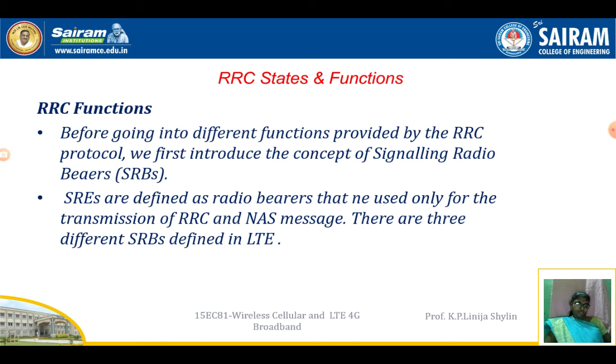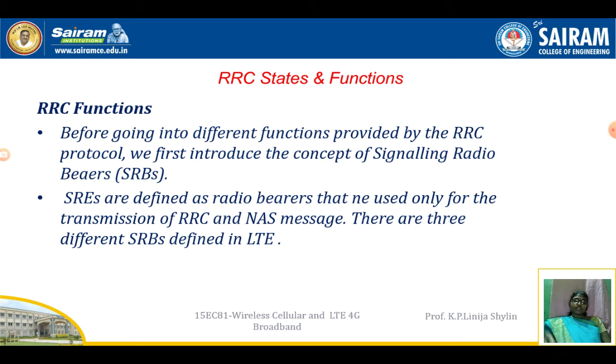For SRB0, RRC messages use the common control channel, and SRB1 uses a dedicated control channel. That is how the channels are accessed by these signaling radio bearers.